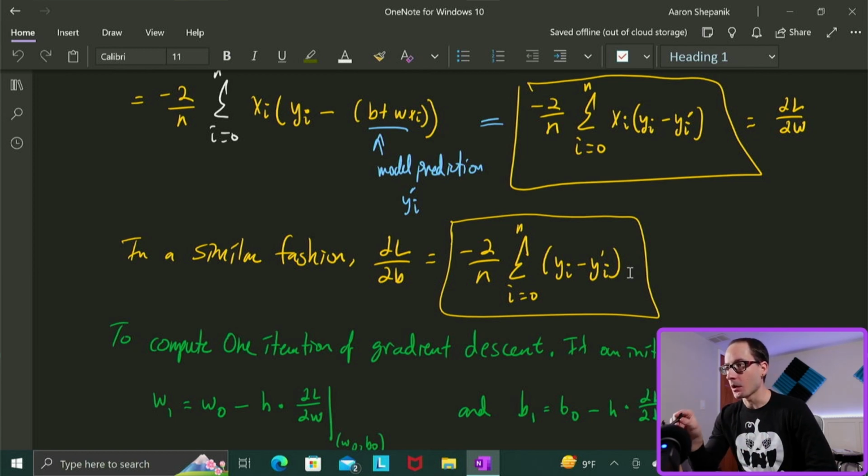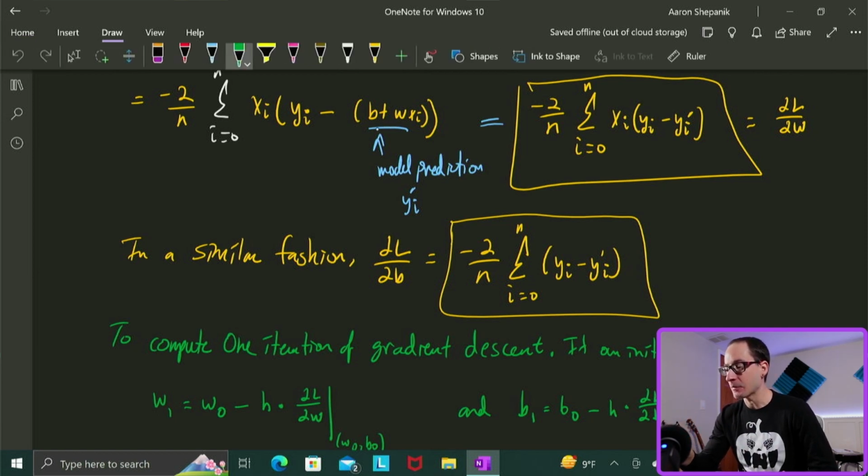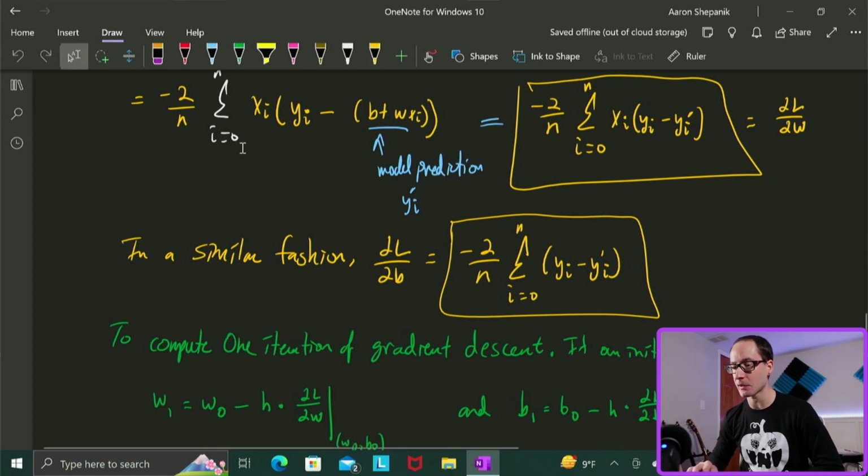You see our model prediction b plus wxi right here is just taking in that one predictor, that one x. We want to be able to deal with multiple linear regression, so I want to be able to put in an x1, an x2, and an x3, different features there, right?